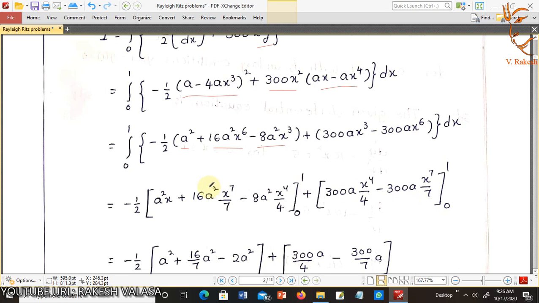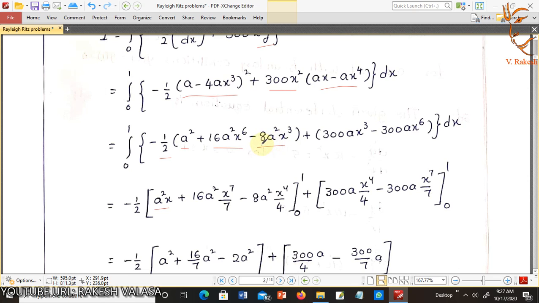Now integrate this term. Here take the constant minus 1 by 2 common. The integral of a square is a square x. For 16 a square x power 6, the integration is x power 7 by 7.